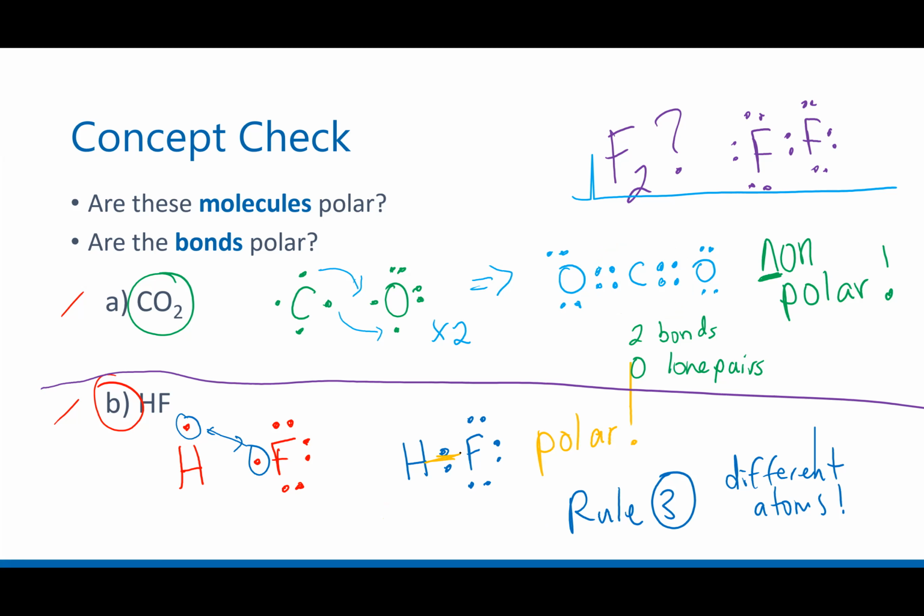The bond here between these two is between hydrogen that has 2.1 and fluorine that has 4.0. This means because the electronegativity is so different, the bonds are polar. Okay, so this is a polar molecule with polar bonds.